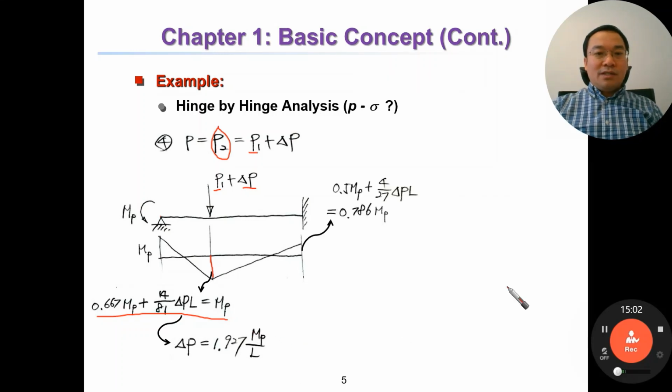And what is the moment here? The moment here also equals this part due to P1 and this part due to ΔP. And by using superposition, we have the moment of the section is 0.786 MP, smaller than MP, so it's not hinged at all at this step.